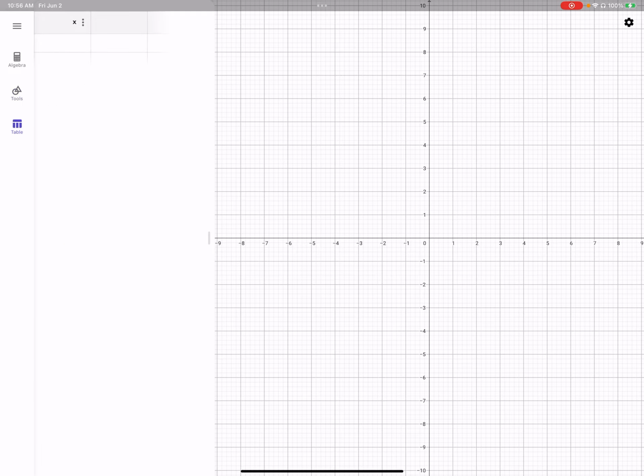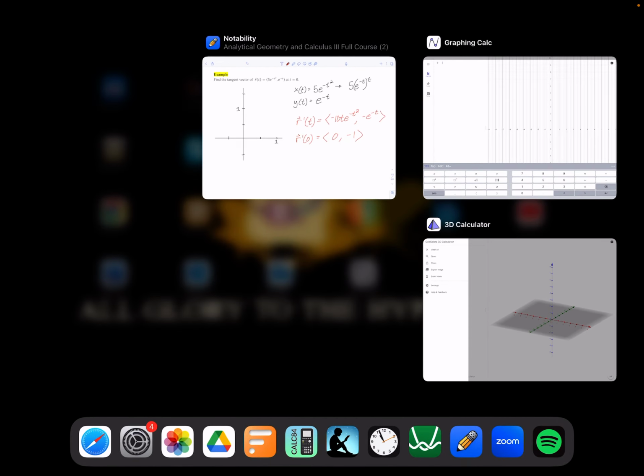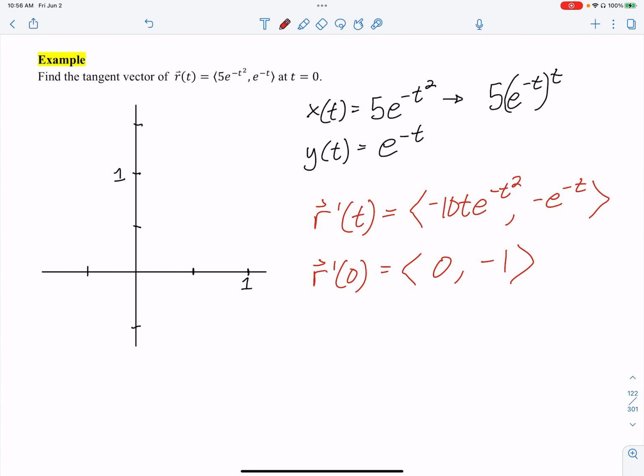Doesn't look like it's going to give me a vector value function. Okay, let's go back to this and see, is there another way we can relate? I'm trying to get rid of t. Okay, well, if I take this, I don't think this is going to get nice and pretty for us at all.